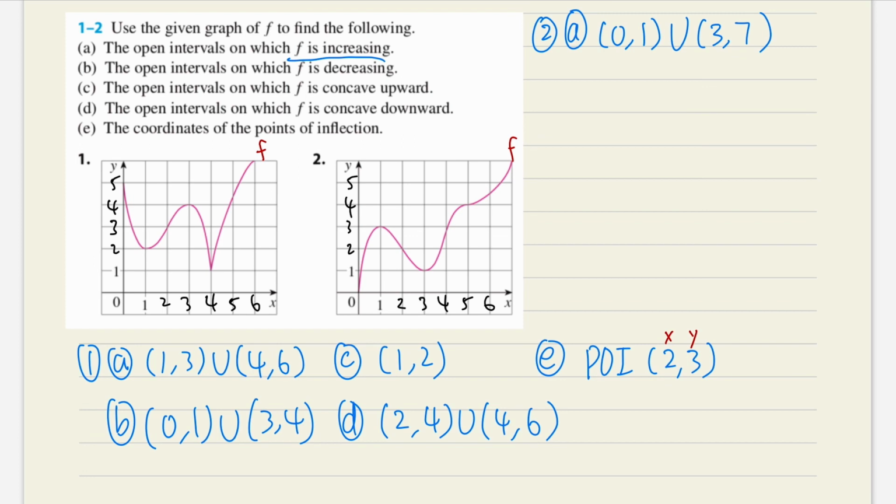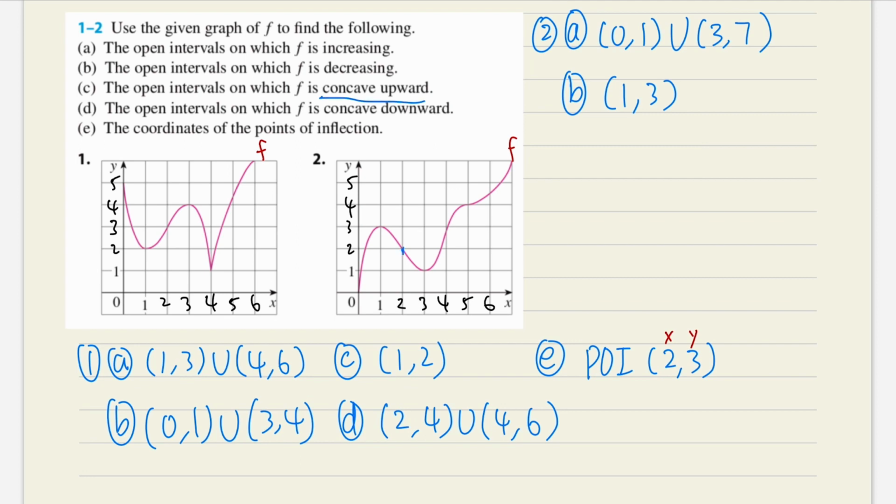Okay, part B. We want the function to be decreasing, so we go down from here to here, so 1 to 3. Okay, and then we continue to part C, concave up. Concave up, concave up, concave up.